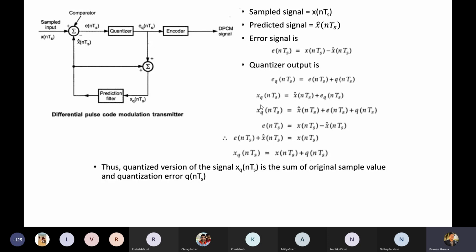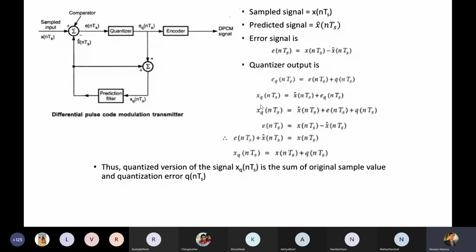This is the quantizer. At every point of this system you have notation for the signal components. Suppose your sampled signal is represented x(nTs) and the predicted signal is x cap(nTs). Who is predicting? A prediction filter, which is a specific circuit.